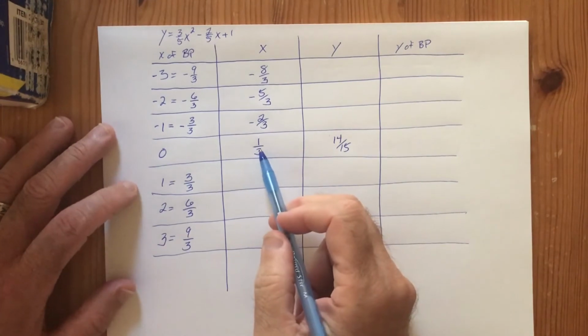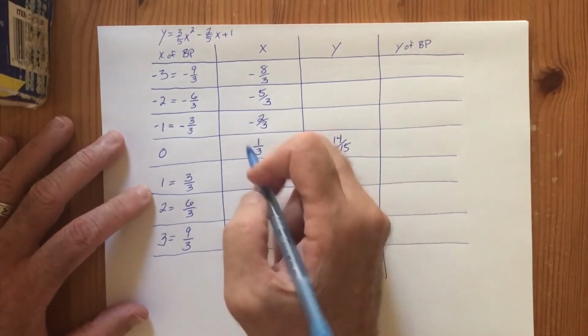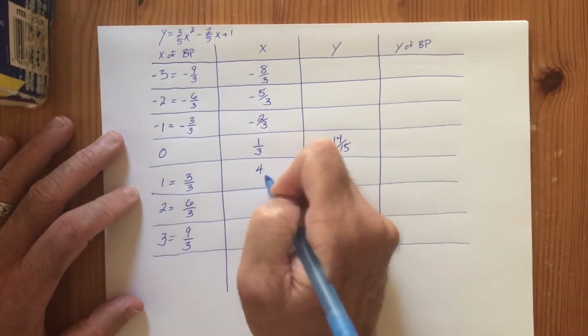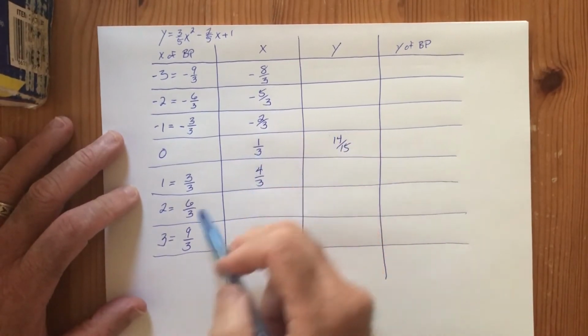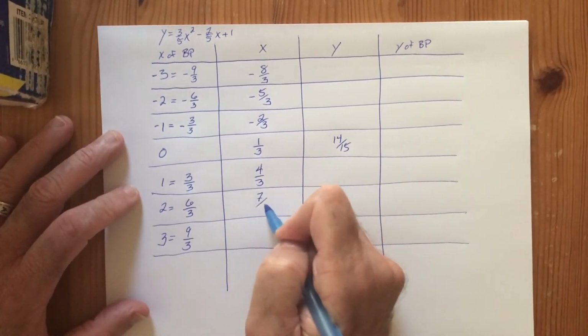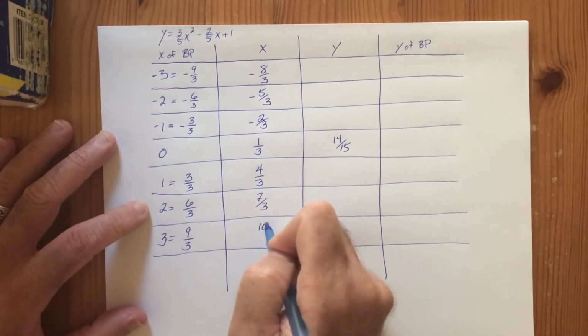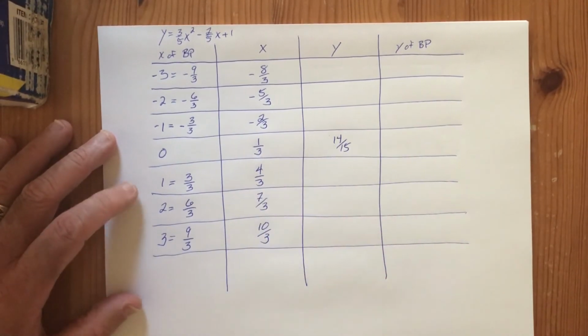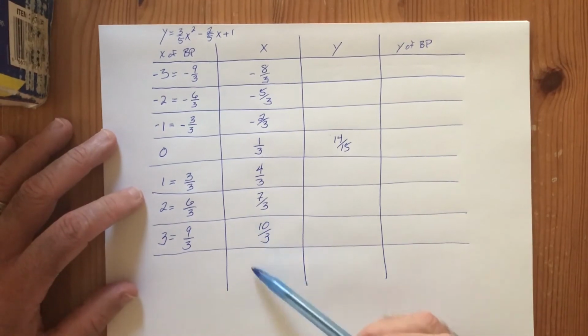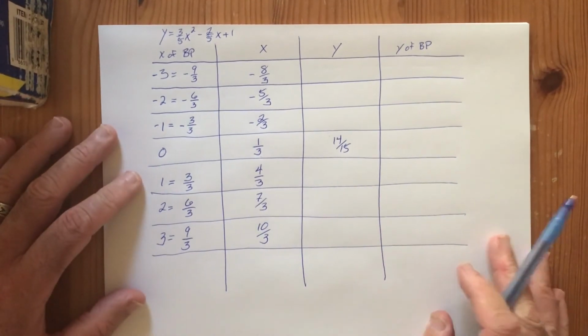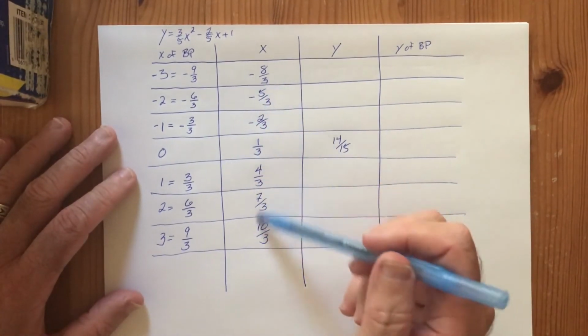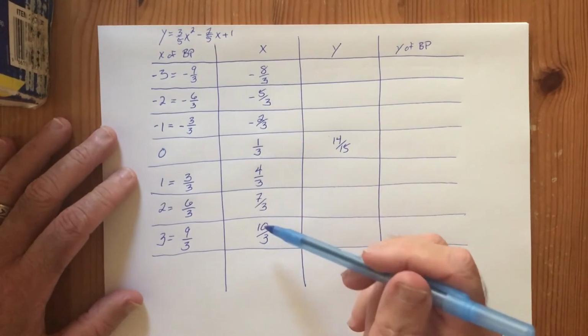Going the other way, 1/3 plus 3/3 is 4/3, 1/3 plus 6/3 is 7/3, and 1/3 plus 9/3 is 10/3. So that's how we get the x-coordinates of those points that we want to plot.